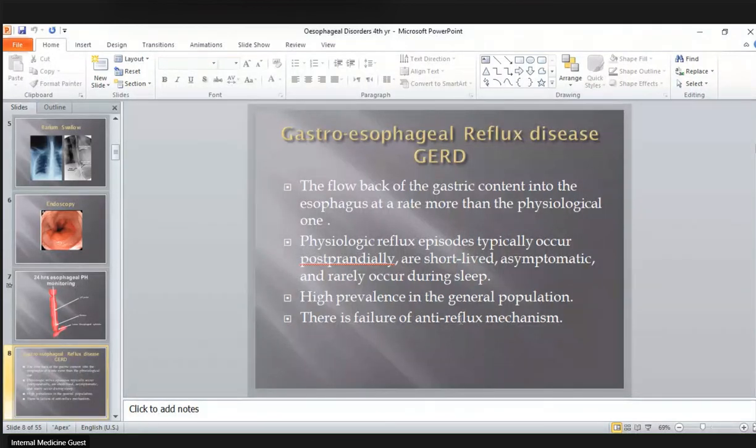The esophagus is not designed to tolerate highly acidic contents. So when acid comes in contact with the esophageal mucosa, it will cause inflammation and sometimes ulceration. So excessive acid exposure to the lower part of the esophagus will cause inflammation, and this is what we call gastroesophageal reflux disease.